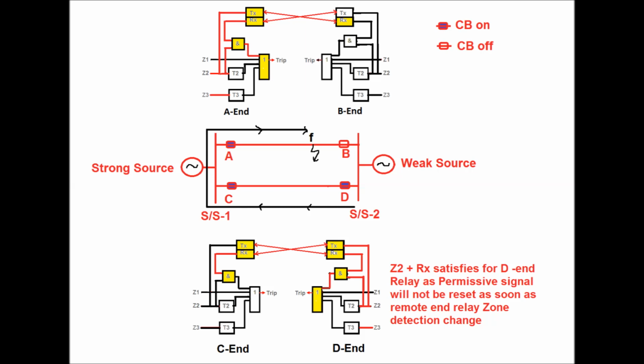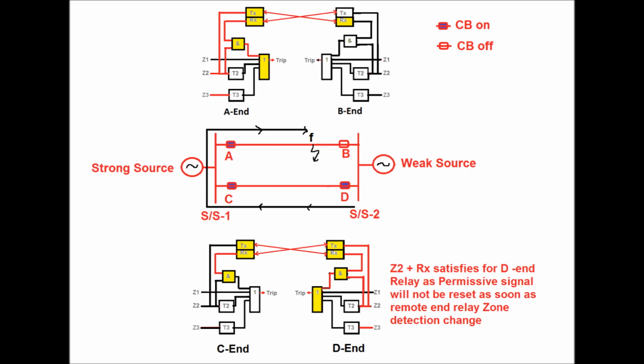So due to tripping of the circuit breaker at B end instantaneously, and since the A end relay will wait for the communication time delay, there will be a time delay of almost 60 millisecond or 2 to 3 cycles. The current flowing in the CD circuit will reverse. That is, now the current will flow from D to C to the fault point.